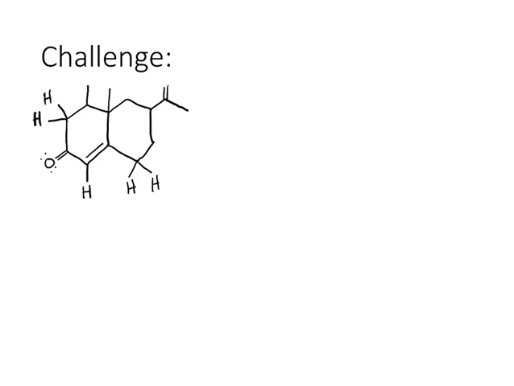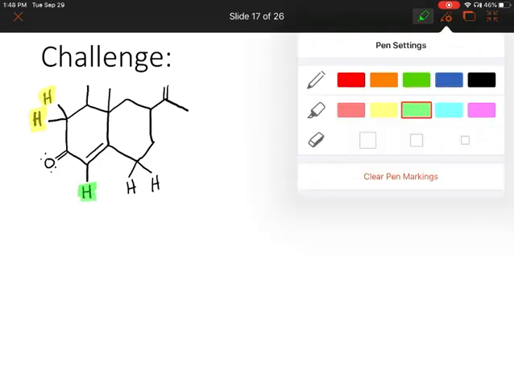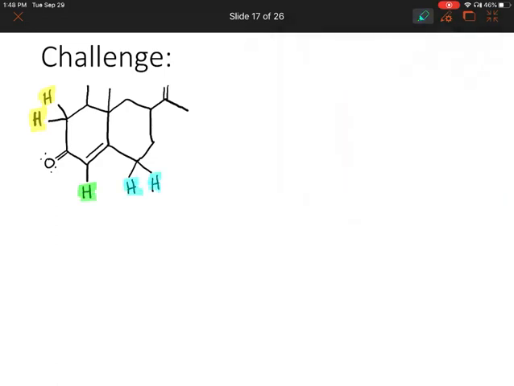So those are all different hydrogens. So let's highlight them in different colors just to keep track of which is which. Okay, so the hydrogens on the upper left are in yellow, the hydrogen on the double bond is in green, and then the hydrogens to the bottom right are in blue.